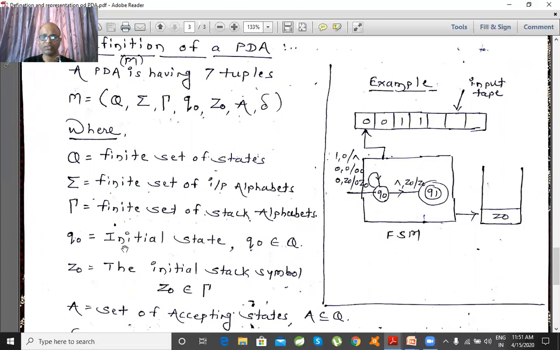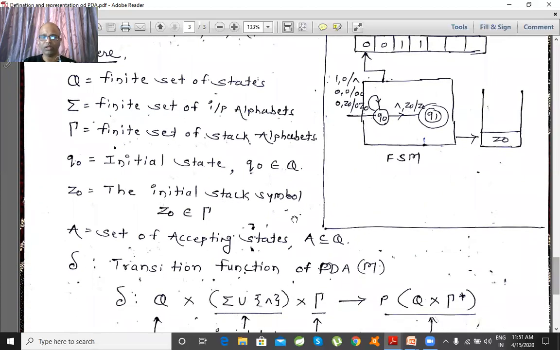Q0 is the initial state of that machine, which is Q0 in this case. Z0 is the initial stack symbol, which is always available on top of stack. And you have one or many accepting states within the PDA. So A is a subset of Q.